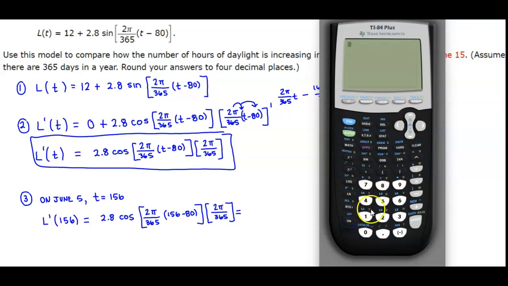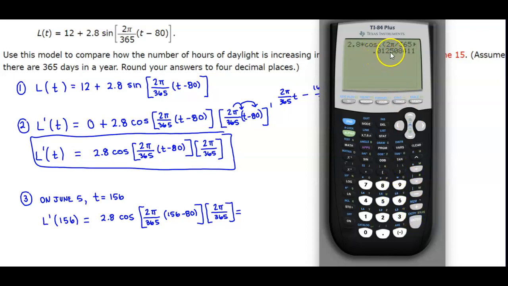So let's go ahead and do that. We're going to take 2.8 times the cosine, and then we start with a parenthesis: 2 pi divided by 365, close the parenthesis, open another parenthesis, 156 minus 80, close the parenthesis again, and then multiply that by parenthesis 2 pi divided by 365, close the parenthesis.